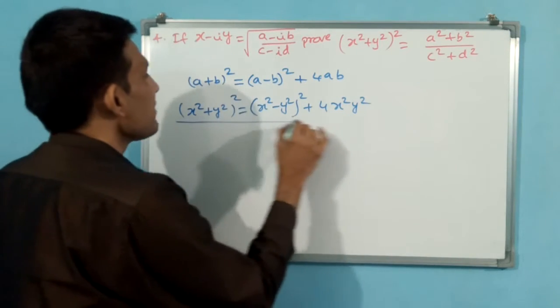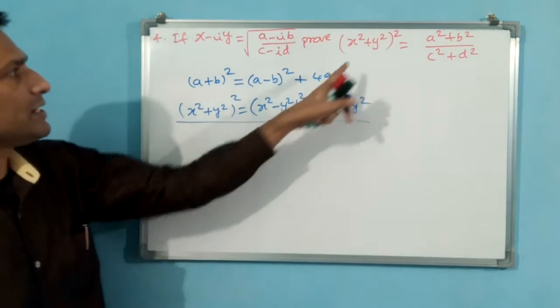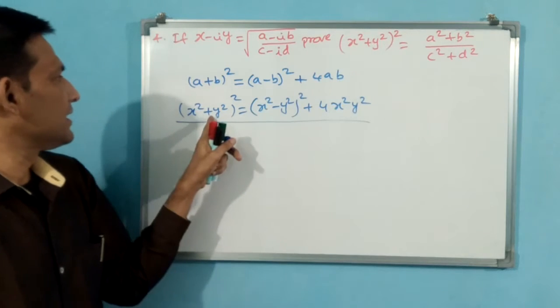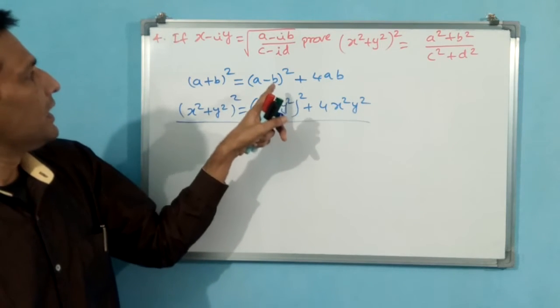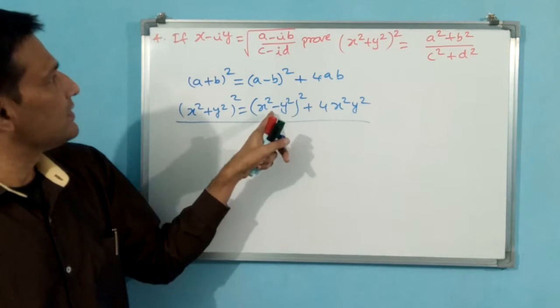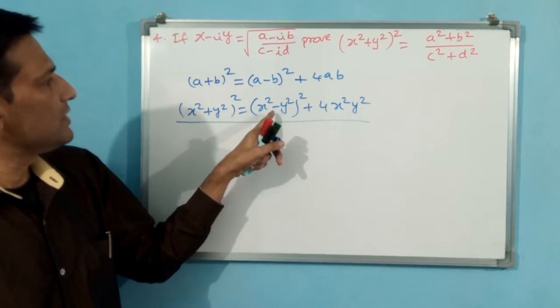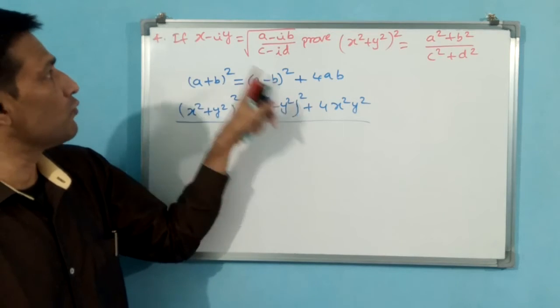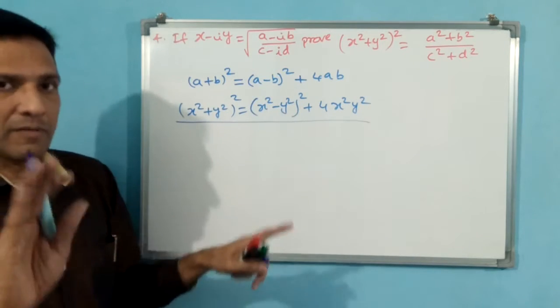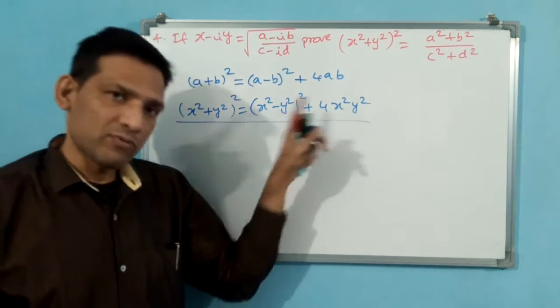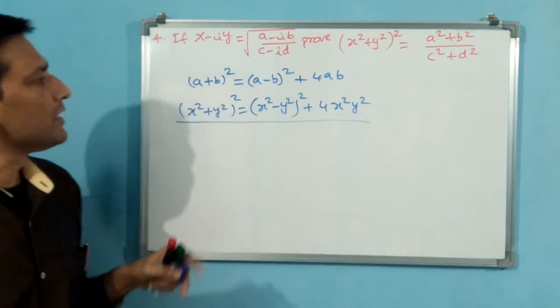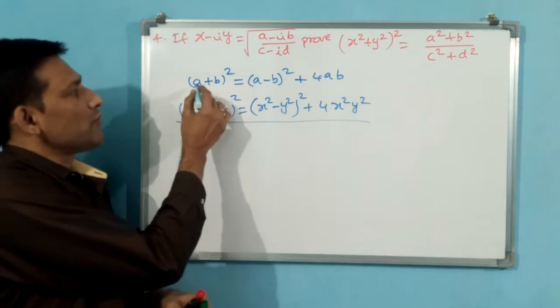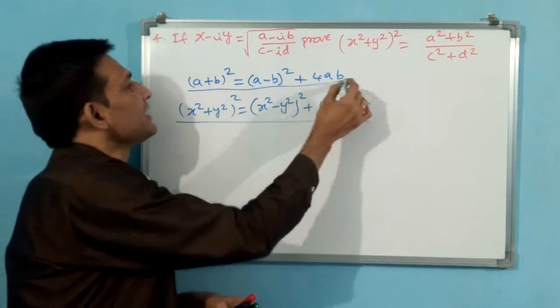This formula is very important now. Why? Because here (x square plus y square) whole square is there, and 4x square y square will come afterwards. But first you have to keep this formula in your mind.